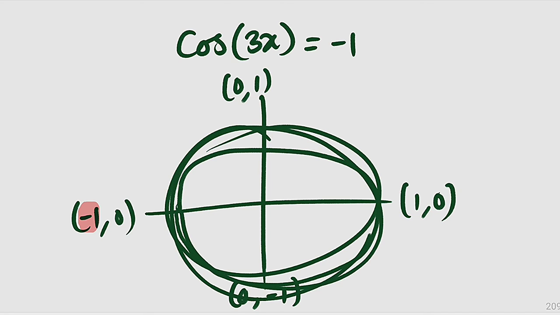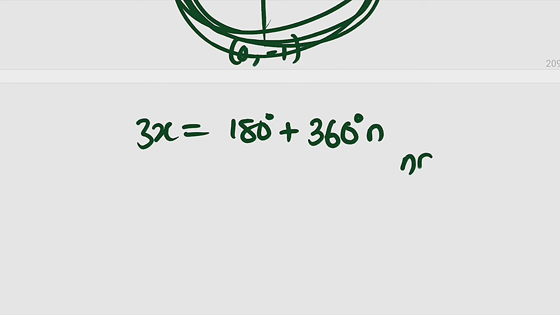Keep on adding 360, you will form as many solutions as possible. This means that 3x must be equal to 180 degrees plus multiples of 360 degrees n, for which I told you n is an integer.